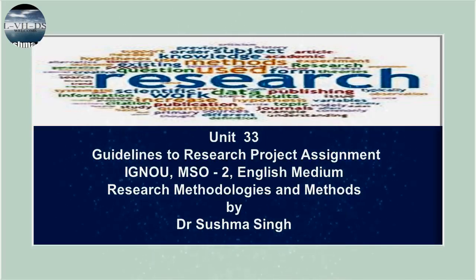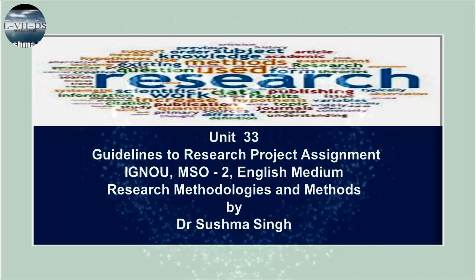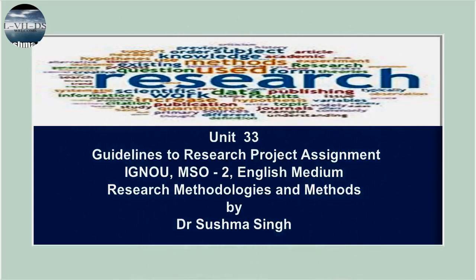Consult the academic counselor and discuss with her or him the feasibility of carrying out your research. Give yourself some degree of flexibility for changing your research topic. This should, of course, be done keeping in mind the time and resources available at your end.